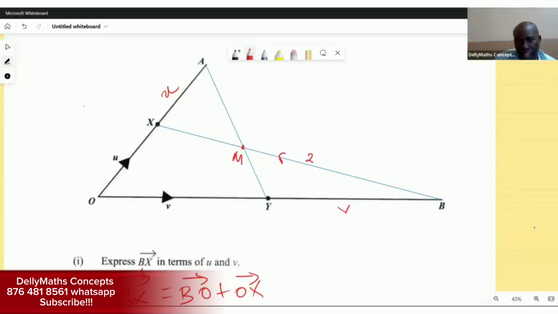BM is 2 times that. So BM is going to be 2/3 of BX, and MX is simply 1/3.